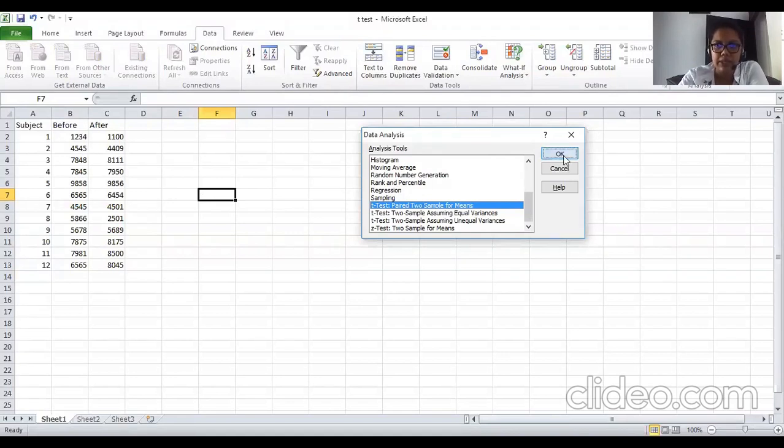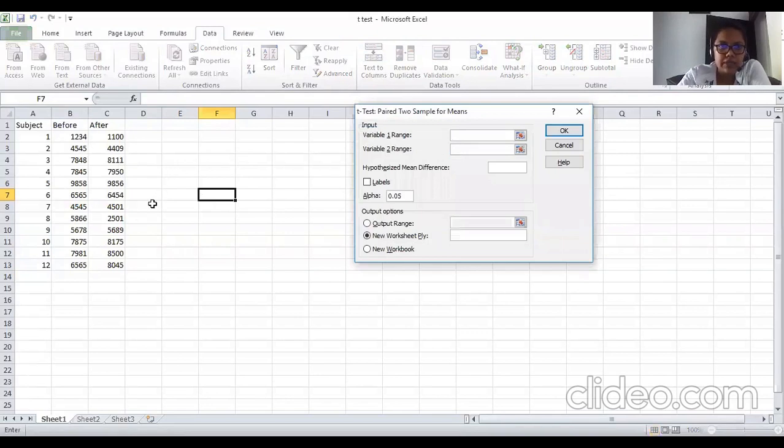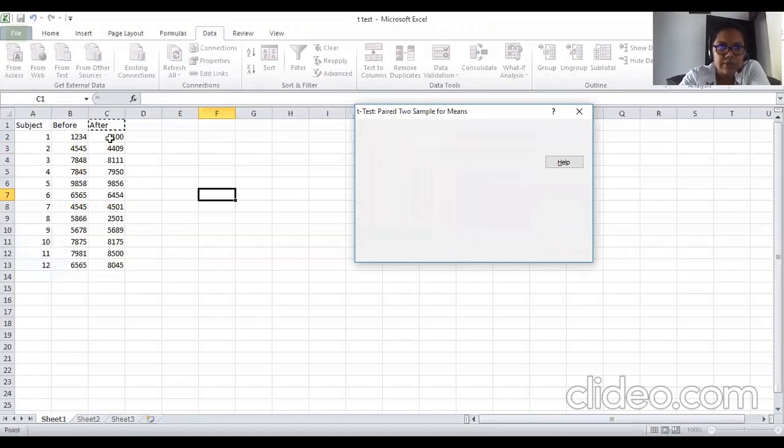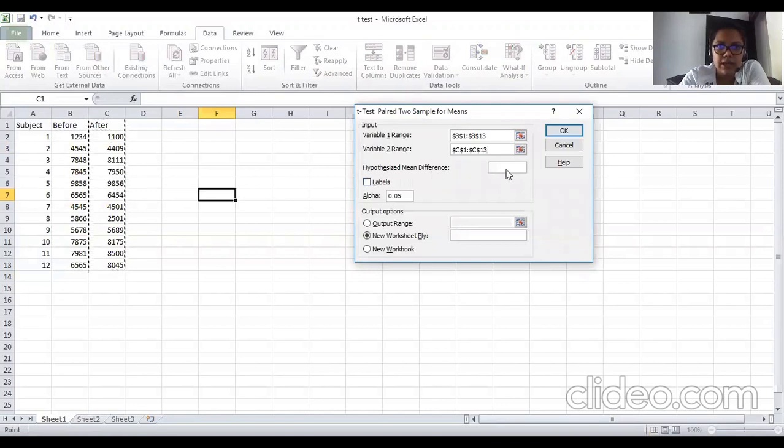Now click OK. For the input, variable 1 range, I'm including the label also, and variable 2 range is this one. For the hypothesized mean difference, what I'm hypothesizing is that there is no statistically significant difference between mu1 and mu2, so the difference is zero.